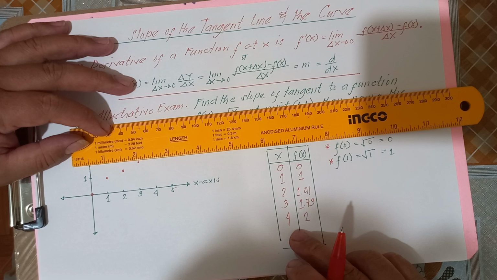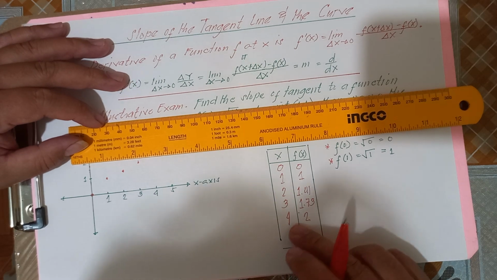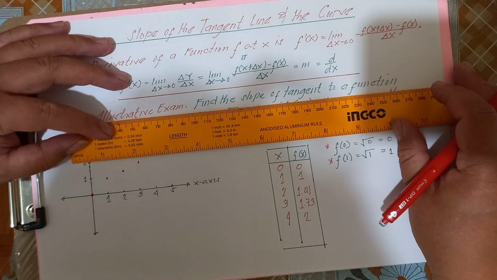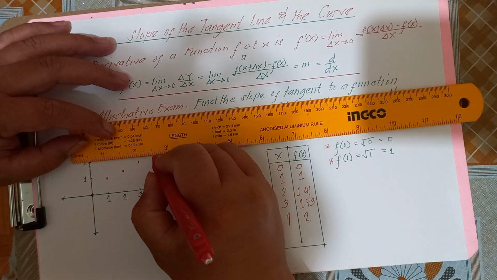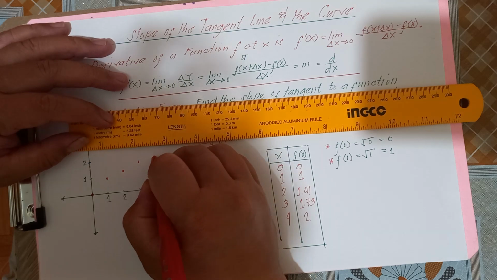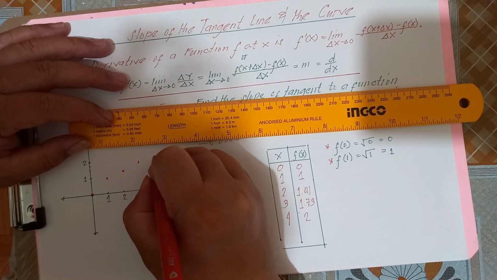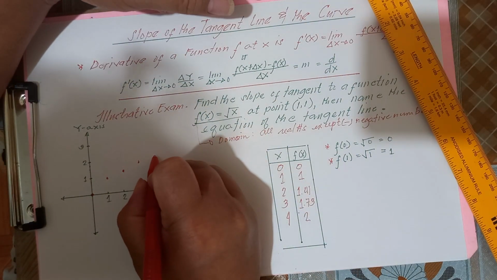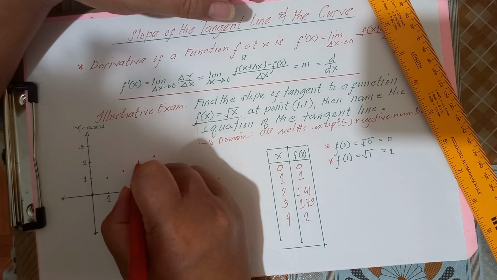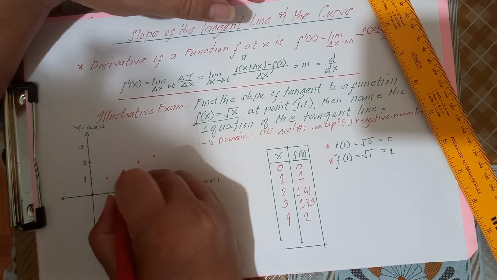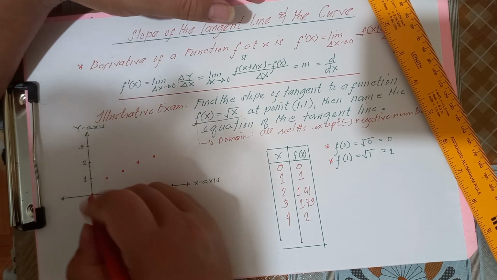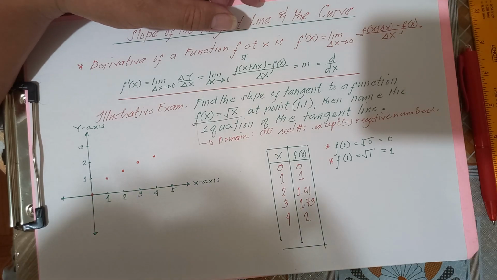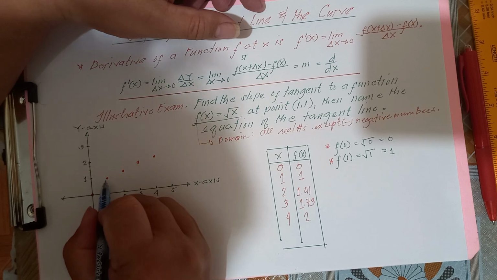So if I have 4, the value of y is of course 2. So the location is, we have in here the point. Having determined the location of the points, what we'll be doing is we're going now to connect the points.